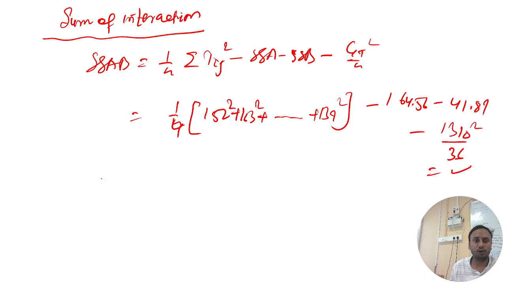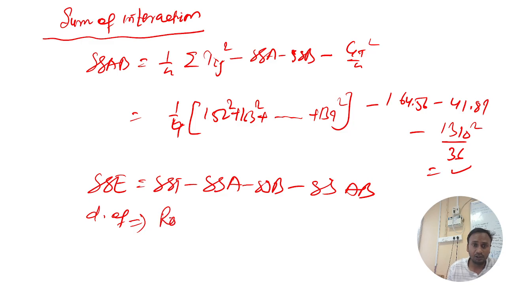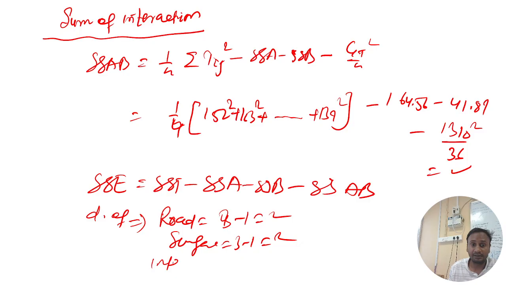So now what can we calculate? SSE is SST minus SSA minus SSB minus SSAB. And the degrees of freedom for the case of row, surface, will be 3 minus 1, 2. What about interaction?